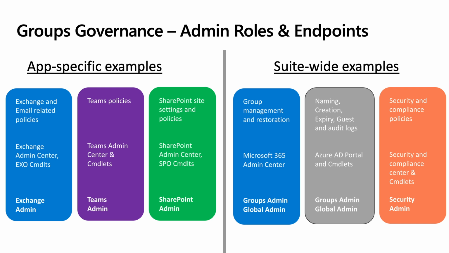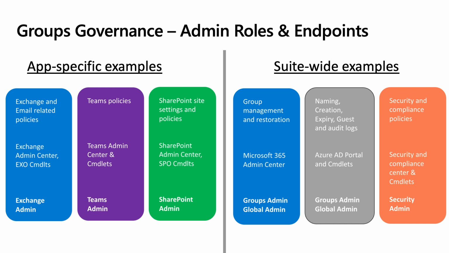Or team specific policies where you say, hey, maybe this team is a sort of a broadcast channel where messages can only be posted and not replied to. All these policies are actually defined by the individual apps. So for email policies, you'll do it in the Exchange Admin Center, for chat policies in Teams and so on. These are just examples. As you know, there are over 20 apps on the groups platform like Yammer, Planner. We don't have those examples listed here.